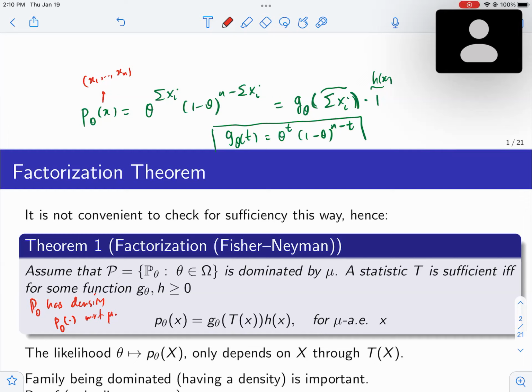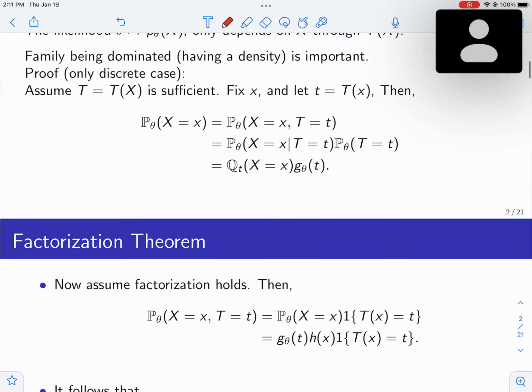So the density is a function of theta, and that functional form only depends on the sum of the x_i, and h is 1 here. So this is a one-line proof that the summation of the entries is sufficient. Okay. That was where we stopped. Okay. Good. No questions?